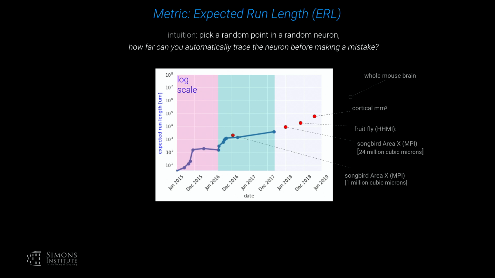We like this metric for a couple of reasons. First, it's a pretty stringent metric because we terminate it at any kind of error. Missing a single spine would terminate this metric, so it's not easy to make progress on it. The second thing is that it's easy to relate to biology. As we get to larger and larger organisms, the total path length of the average neuron also increases.